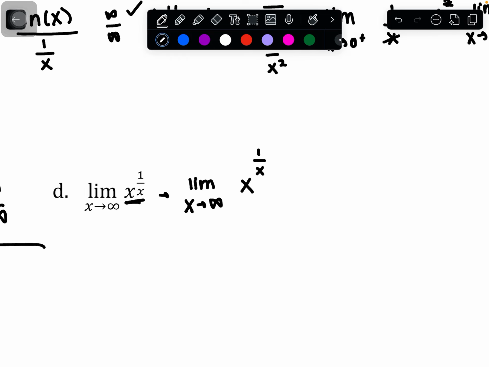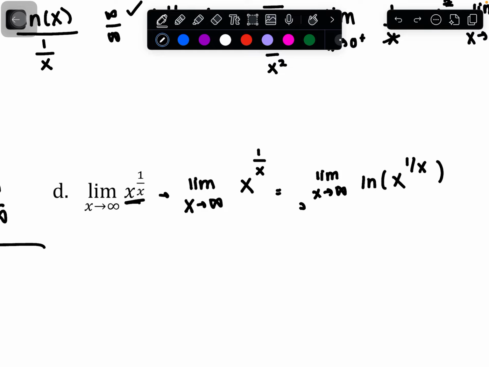So if I want to apply natural log to this limit, I have to raise e to the entire limit, because ln and e have this funny relationship where they cancel each other out. Without putting in the e, if you just left it like this, your answer wouldn't be correct, because these are not the same.